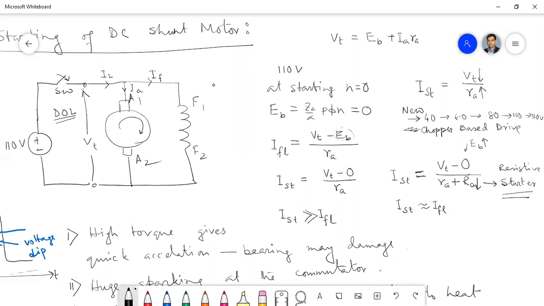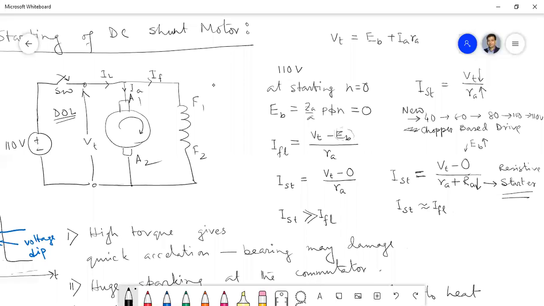Sir, can we use a small resistance as a shunt in parallel with the field and place a switch there, so that initially the maximum amount of current will flow through it, and then we can disconnect it? But you need to have this flux also, isn't it?